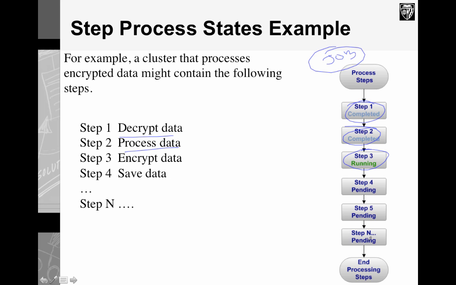Notice step 4, 5, and 6, and so on and so forth are all pending. If for some reason this job fails, it will move into the failed status, which means the rest of the jobs are not going to run and they will be moved into the canceled status. So that's how the step processing and step lifecycle works.